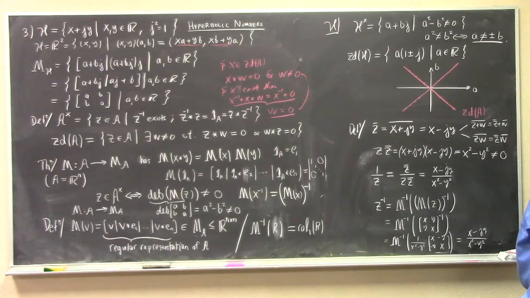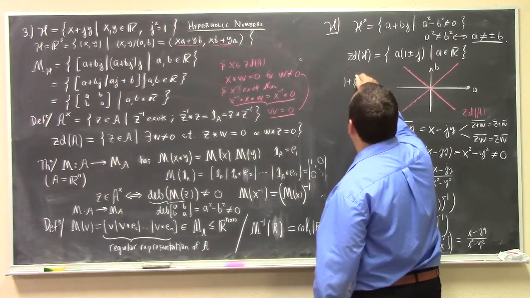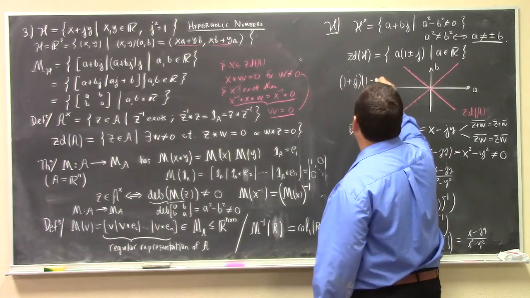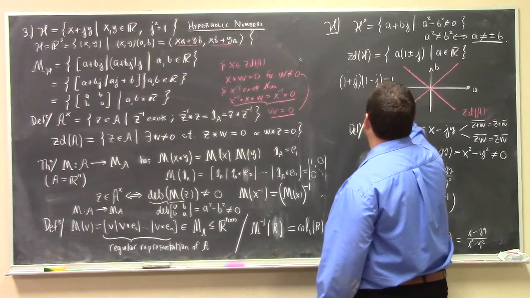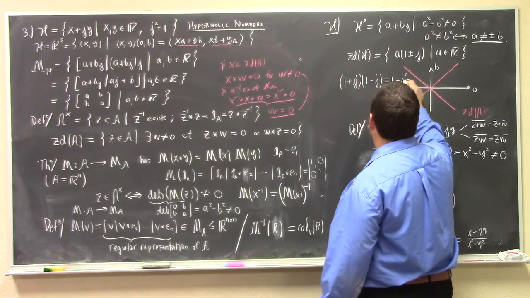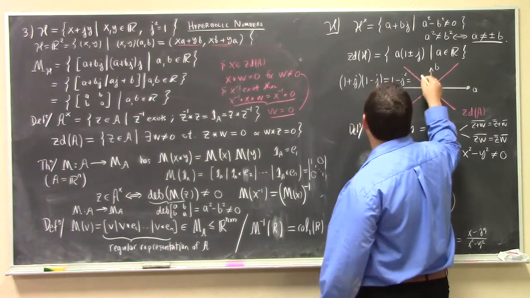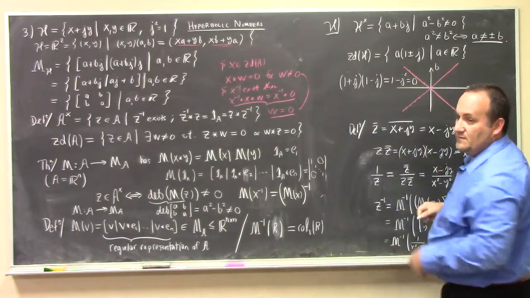Right. But these things, 1 plus j times 1 minus j, that's 1 plus j minus j squared. That's 1 minus 1, though. J squared is 1. Oh, yeah, that's right. 0. Non-zero, 0.